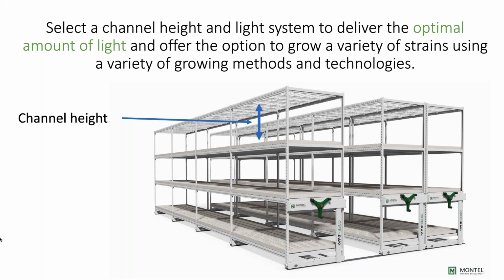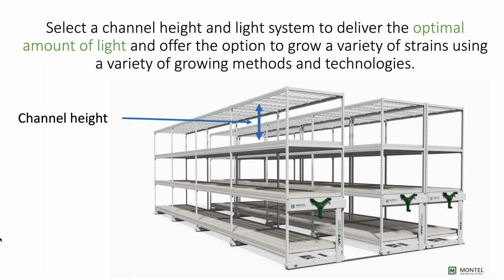You want to have the option to grow different strains or use different growing strategies. In finance, we call that option value, and investors will consider it. The flexibility to make changes has a concrete impact on the value of your company.